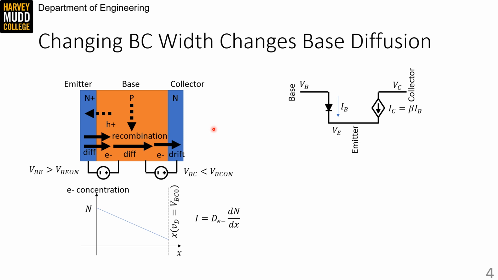However, changing depletion widths on the BC junction could change our picture of how this works. In particular, when we change the depletion width on the BC junction, we move the edge of the depletion region away from where it is by default.